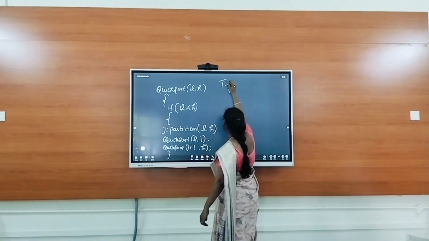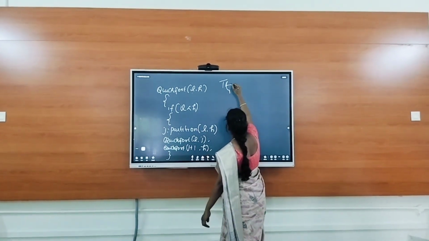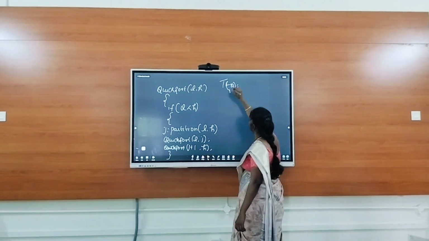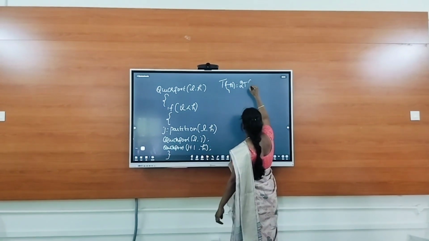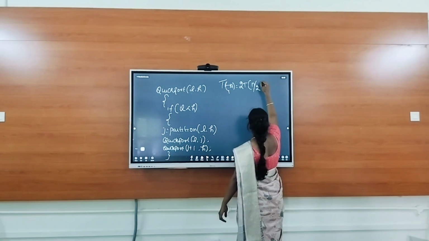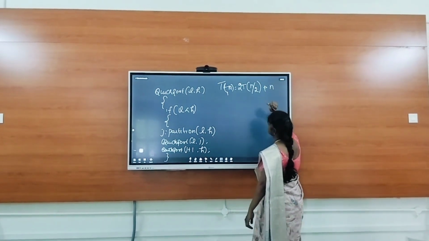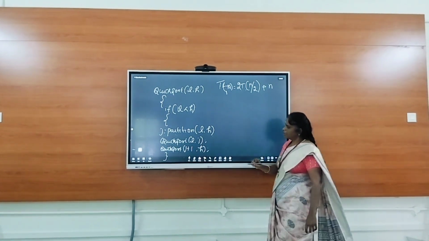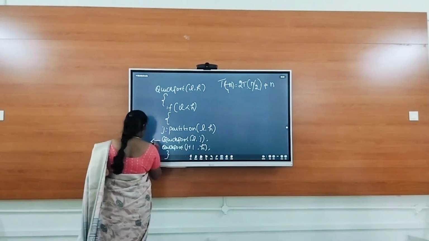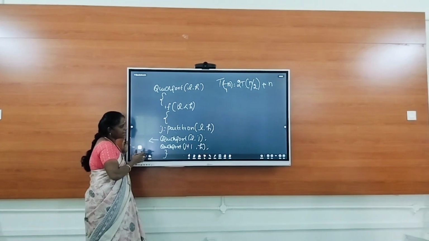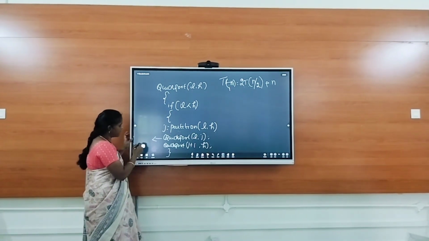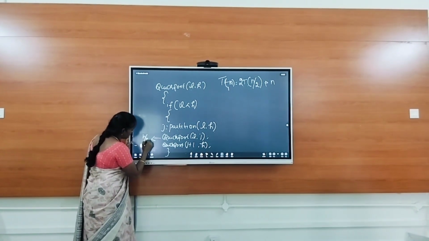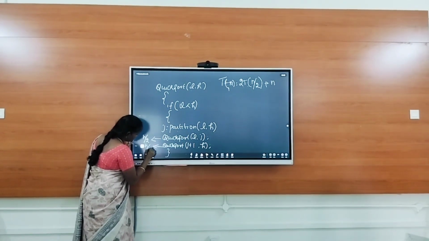So T of n is equal to 2T of n by 2 plus n. What is the 2T of n by 2? Here we divide the array into two subarrays, one of size n by 2 and another of size n by 2.